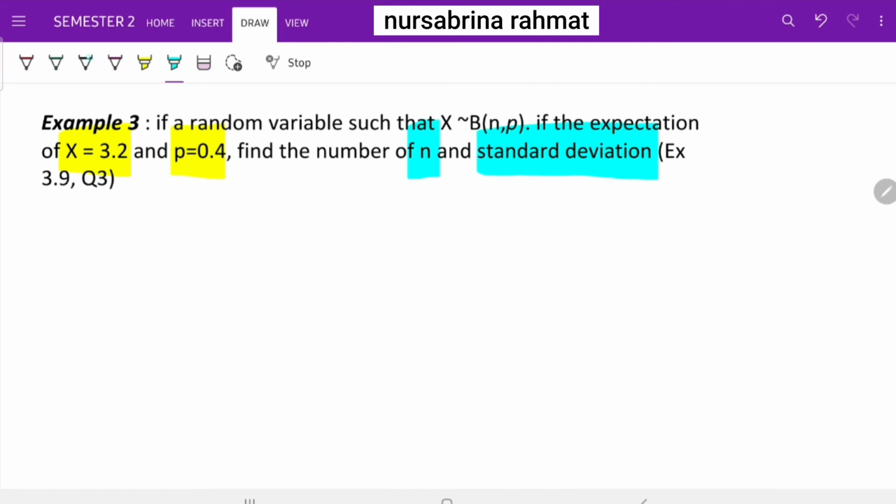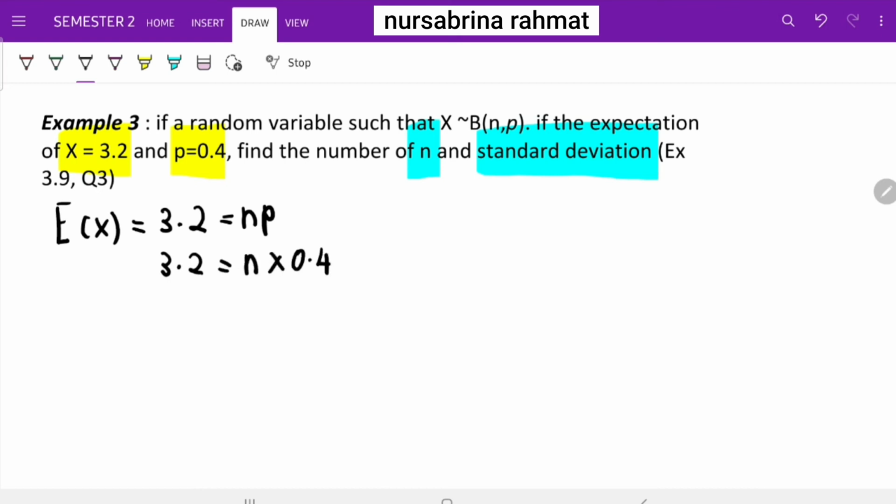So the mean, E(X) = 3.2 = np. The question gives p as 0.4, so 3.2 equals n multiplied by 0.4. You can find n by moving the 0.4 to the left, so multiplication turns into division. 3.2 divided by 0.4 gives you n equal to 8.